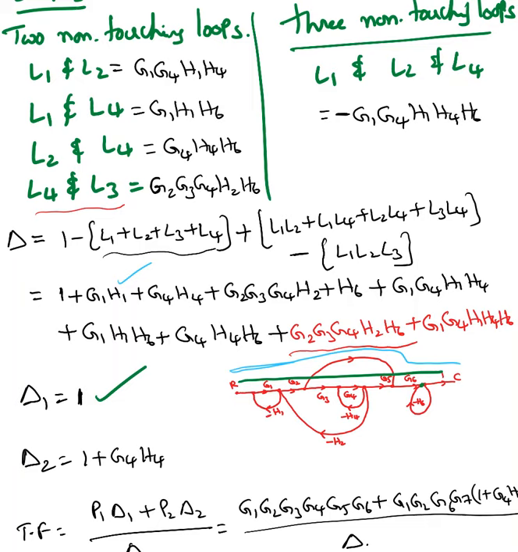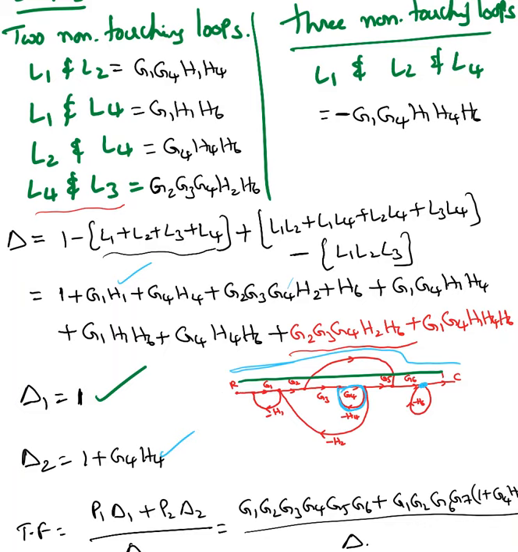Z4 h4, that's this one, is not touching path 2, so include that. Z2 z3, z2 is touching path 2, eliminate this. H6 is touching the node, so eliminate that. Everything else I see must be eliminated.